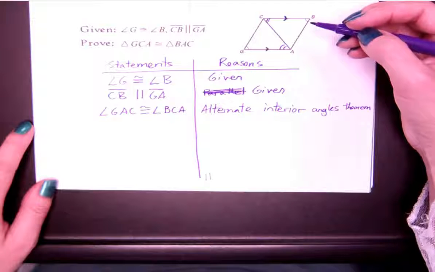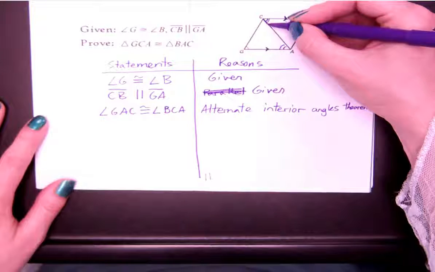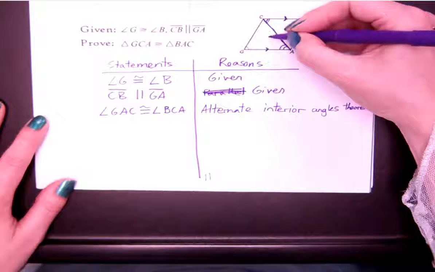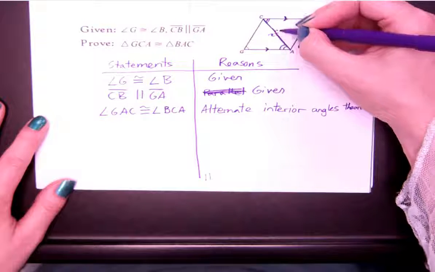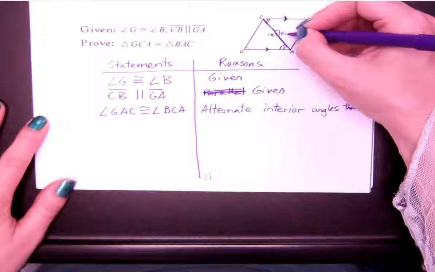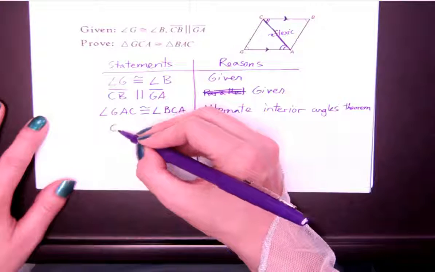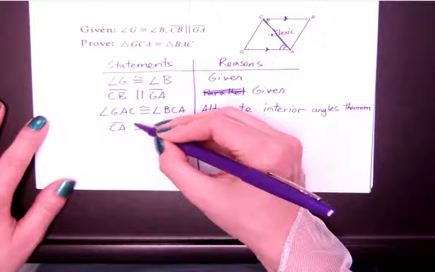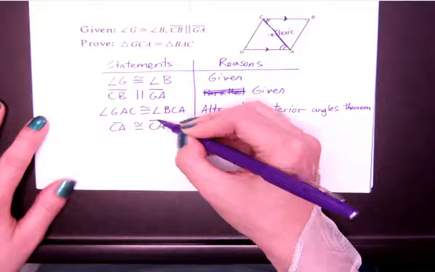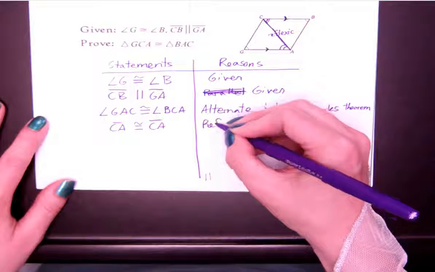So CA, there we go, we found it. So we have a reflexive side in the middle, right? So if it's the exact same line, does it have to be the same length? Yeah. So we just do line CA is congruent to line CA and label that reflexive.